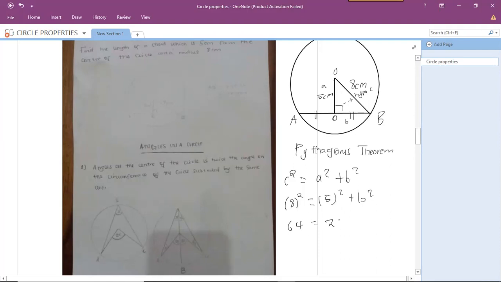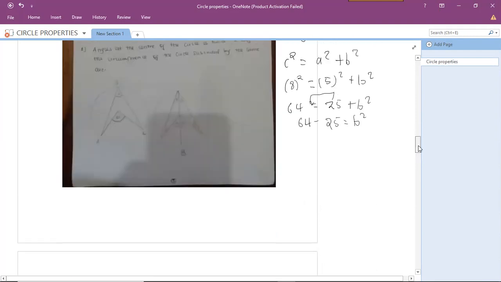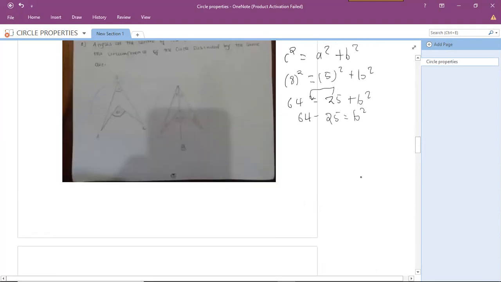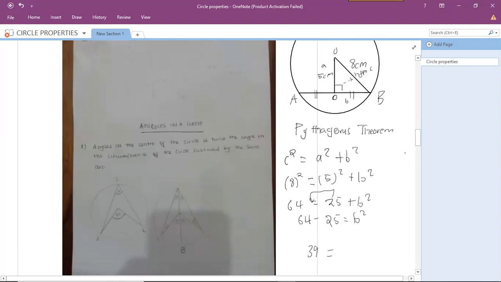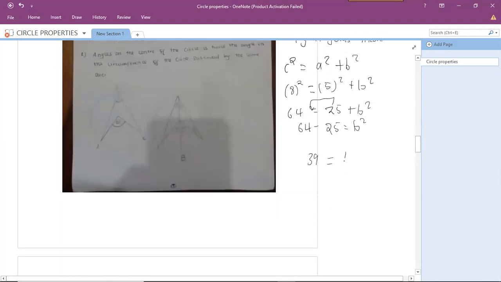This will be 25 plus b squared. That will cross over. We're going to get 64 minus 25 is equivalent to b squared. If we subtract that, we're going to get 39 is equivalent to b squared.